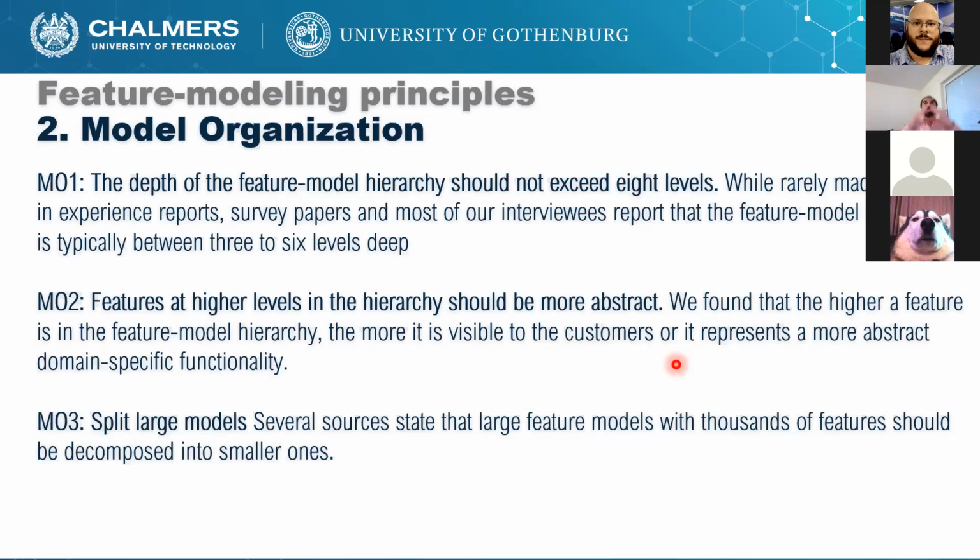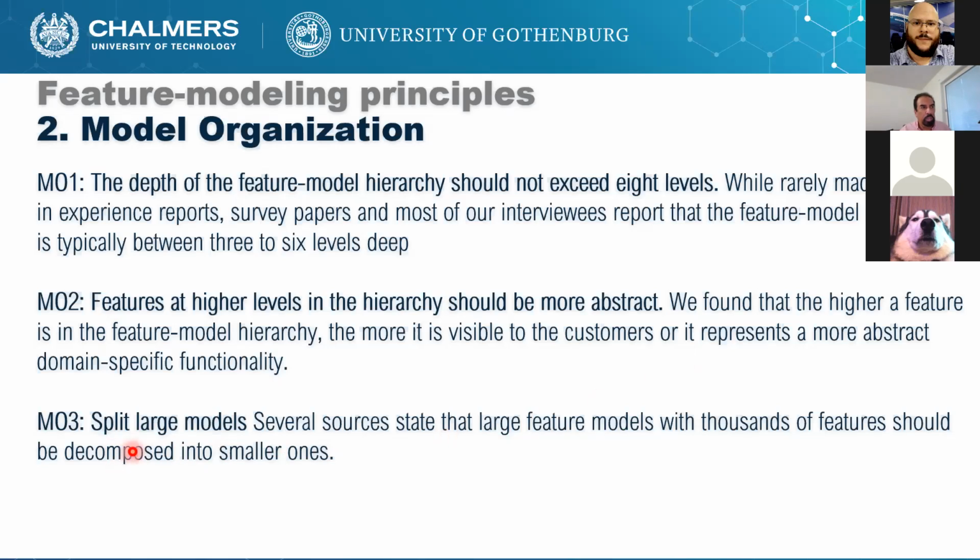For example, you say operating system. It's an abstract feature. It's high level. Then you come down, you say, oh, we mean Windows. Then under Windows, what type of Windows? What version of Windows? What features of Windows? And so on. So this is what they mean, that higher levels should have higher abstraction.